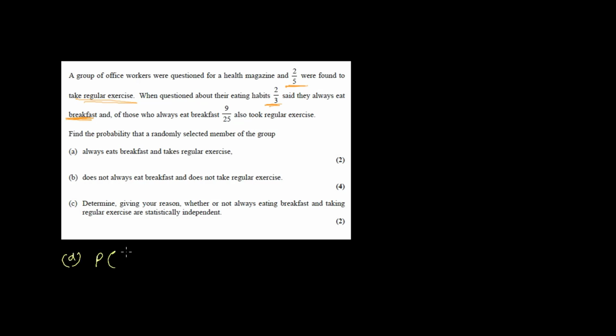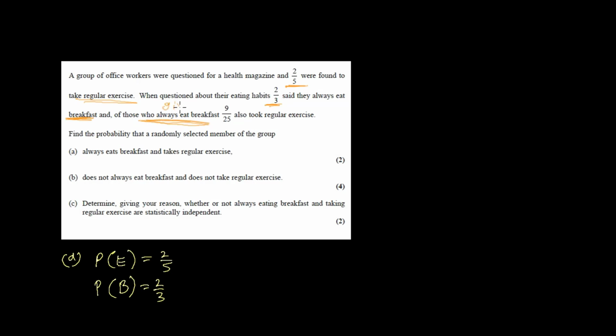Probability of regular exercise, E, is 2/5. Probability of eating breakfast, B, is 2/3. And of those who ate breakfast, this particular information means given.